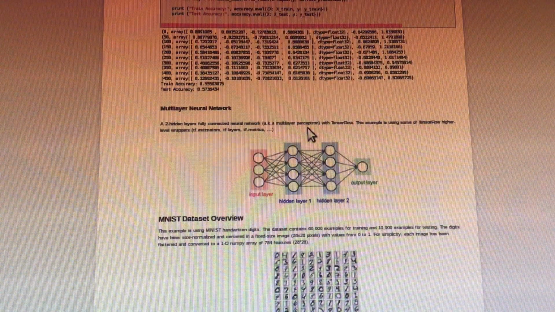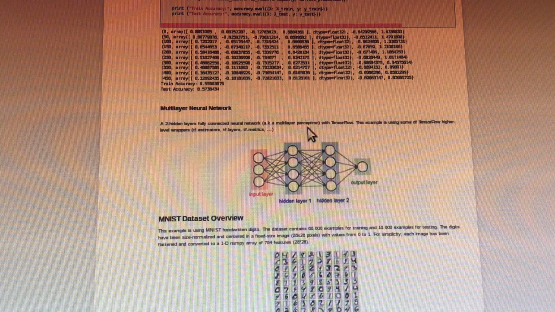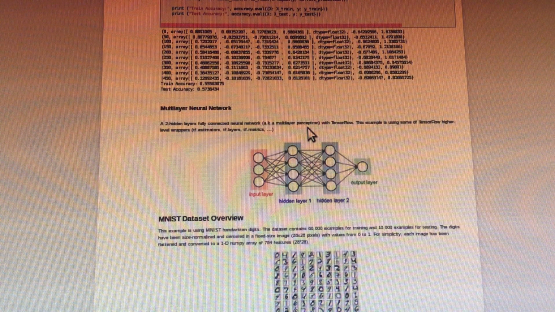Now we are going into another concept, the multi-layer neural network.